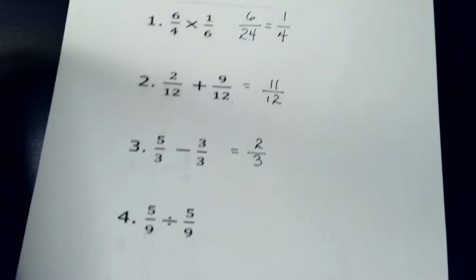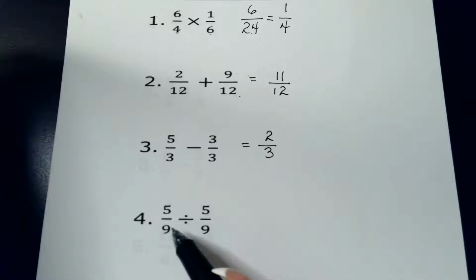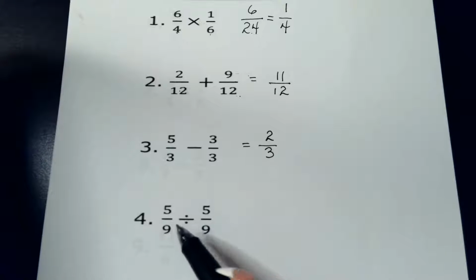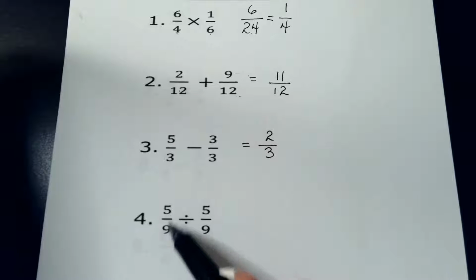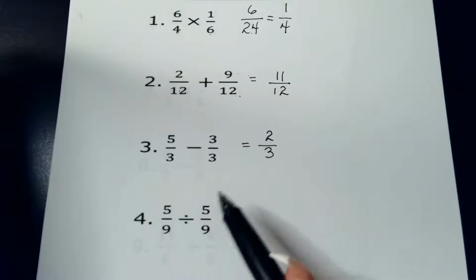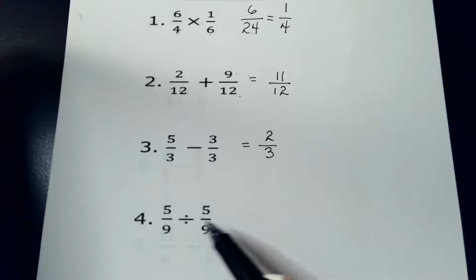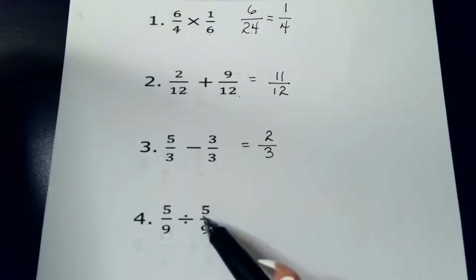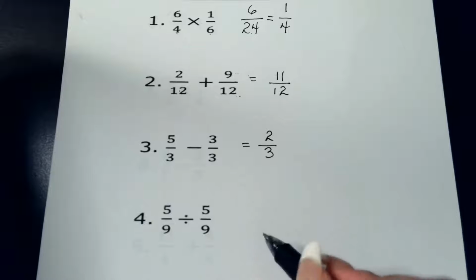The next problem that we're going to do is division. Division is a little bit different. The first number stays exactly as it is, 5 over 9. Since we can't divide by a fraction, dividing by a fraction is actually multiplying by its reciprocal.